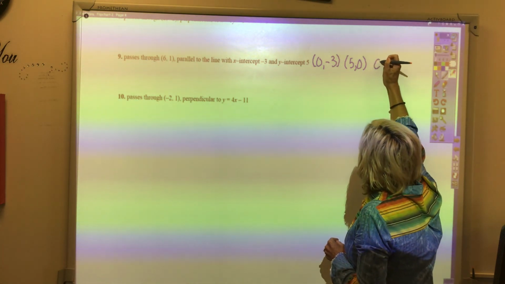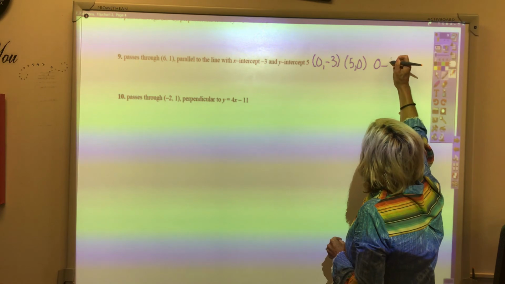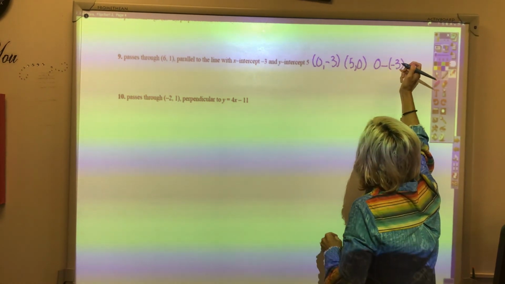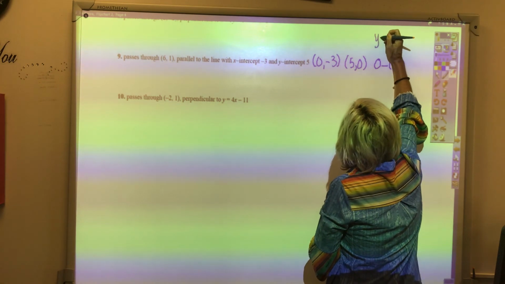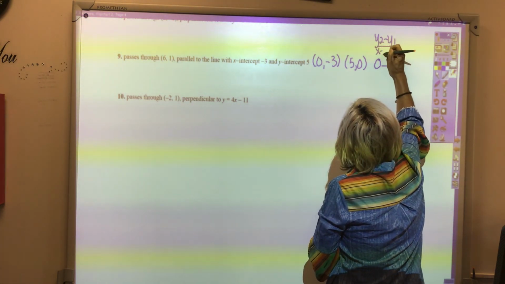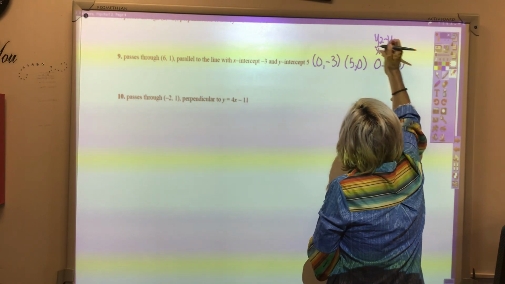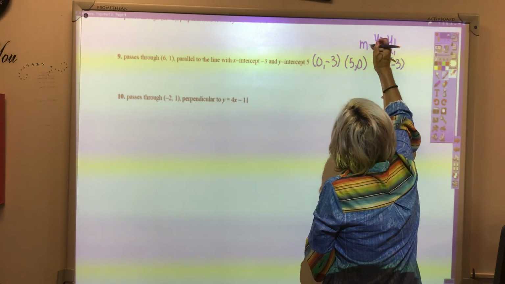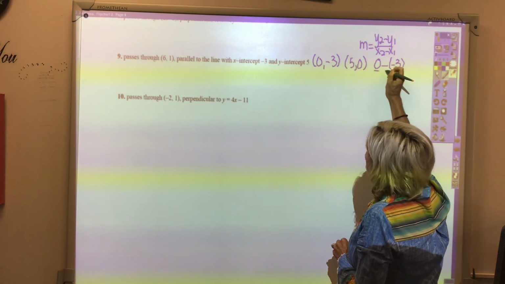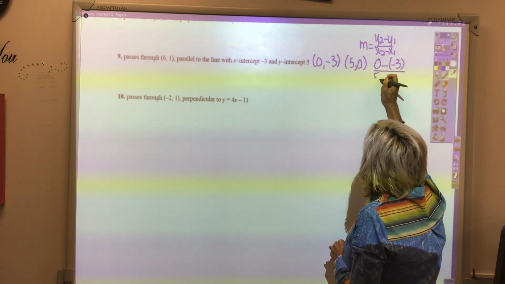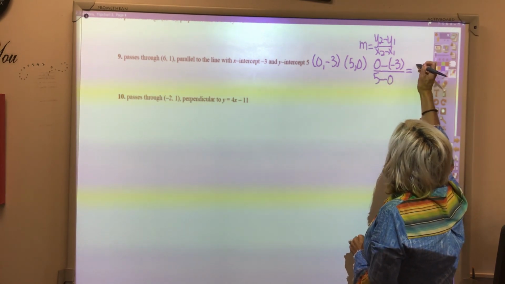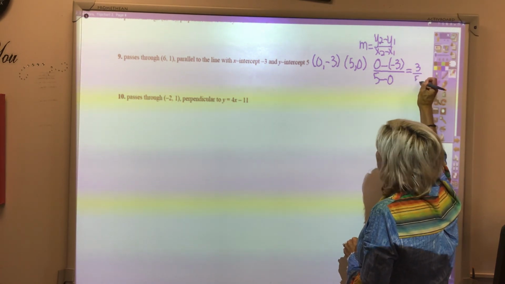We'll take 0 minus a -3, y2 minus y1, over x2 minus x1, which will give us a slope of 3/5.